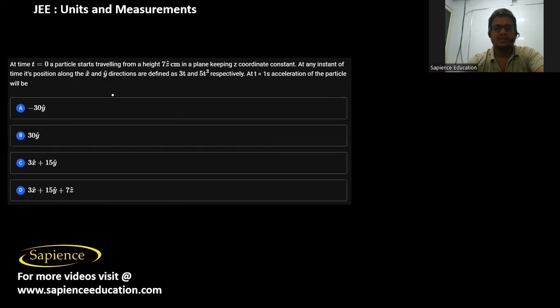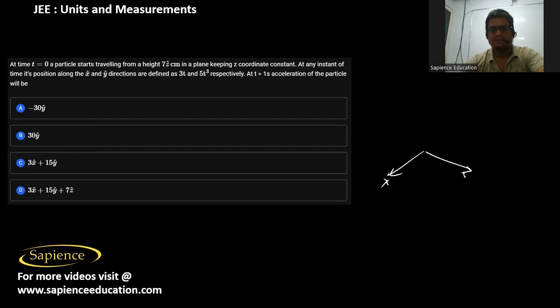Then here it is told at time t equal to 0, a particle starts traveling from a height 7 z cap centimeter in a plane keeping z coordinate constant. So z coordinate is constant, it means the plane is parallel to the xy plane.